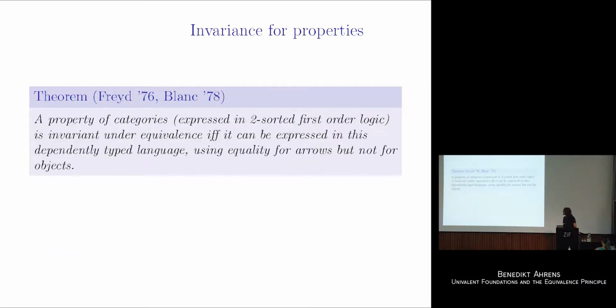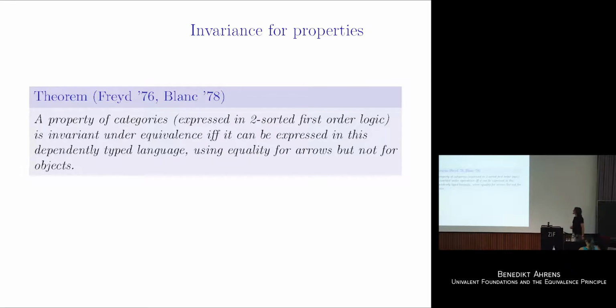It's a theorem from the 70s, proved independently by Freyd and Blanc, that any property of categories that can be expressed in a two-sorted, first-order logic, so I have two sorts, objects and arrows, is invariant under the notion of equivalence of categories if and only if it can be expressed in this dependently typed language, where the use of equality is allowed for arrows, but not for objects.